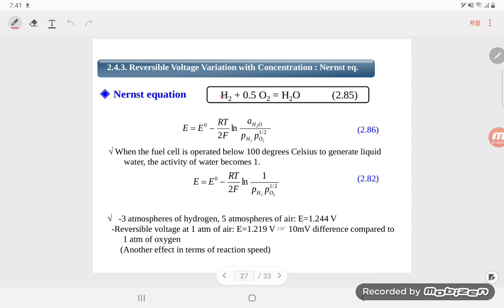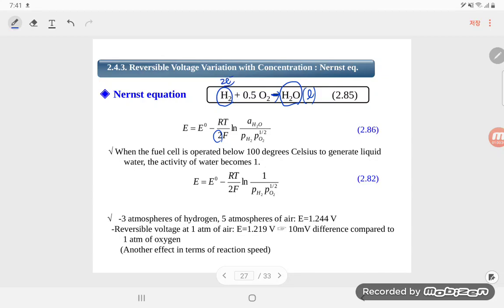So if we have this reaction, and let's assume that this generated water is in liquid form. If we write down the Nernst equation for this reaction, then we can have this one. And in here, n is the number of electrons from this chemical species.